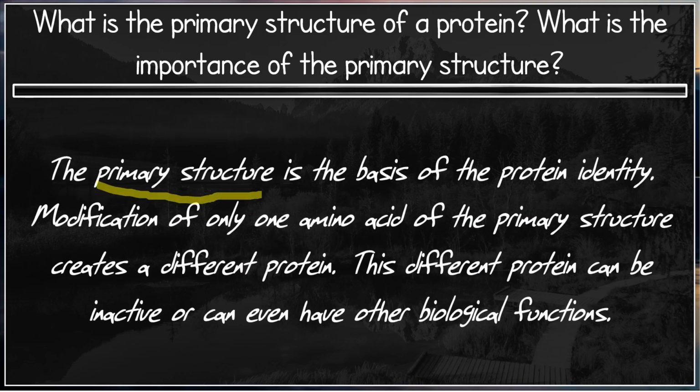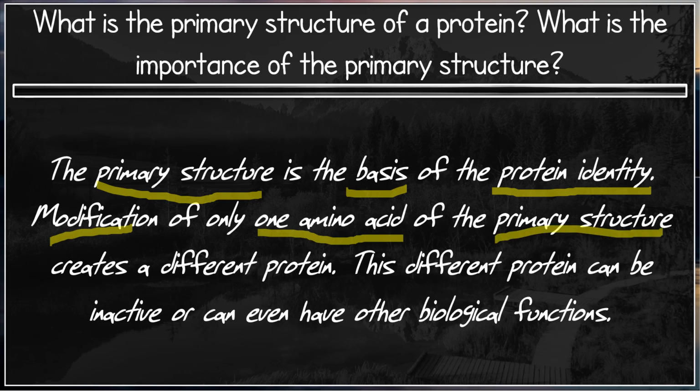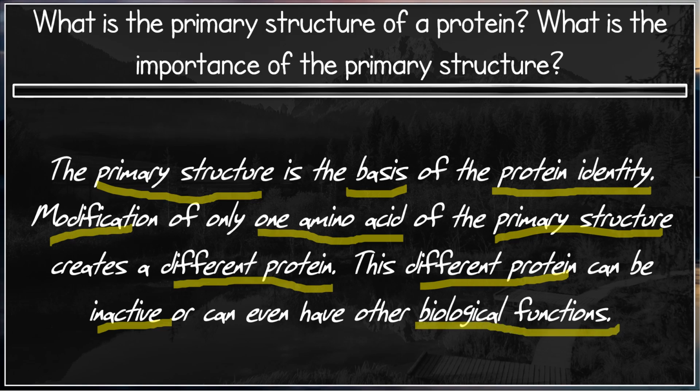Primary structure is the basis of the protein identity. Modification of one amino acid of the primary structure creates a different protein. Different proteins can be inactive or can even have other biological functions.